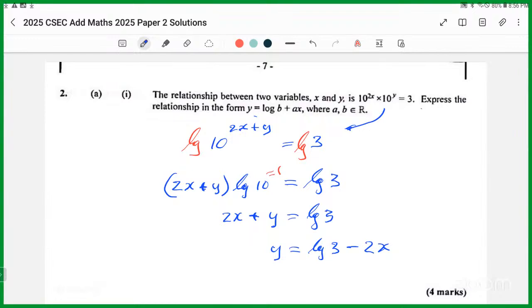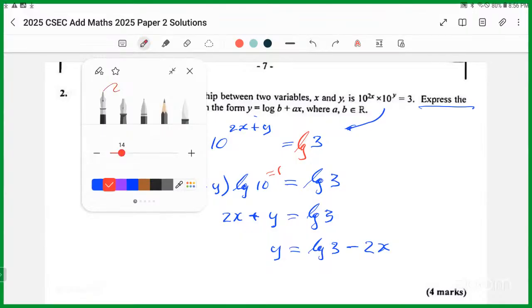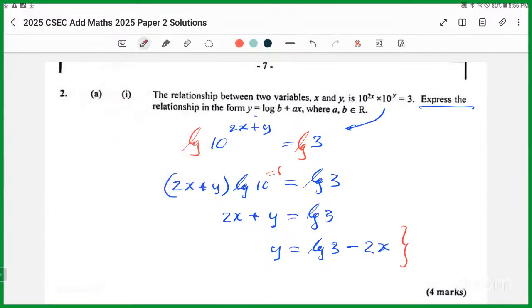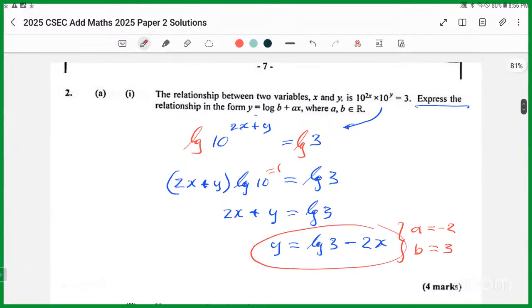Let's say we express this in this form, which we have done. If you want to state the values, then from this, the b would be 3, and the a would be negative 2. So we can write a equals negative 2, b equals 3. If they just leave it in that form, that will be fine.